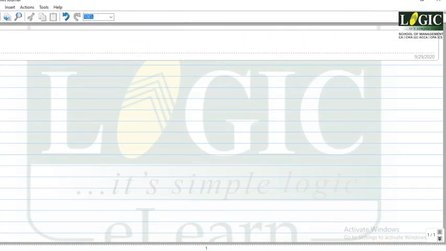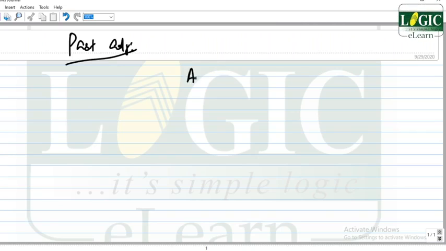Okay. So the question is how to solve such things, and it's an area wherein students have a bit of confusion. The topic is called past adjustments. Three partners were there, A, B, C, and finally you should provide one more column, total.